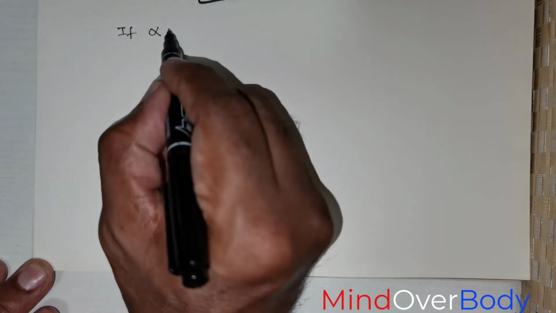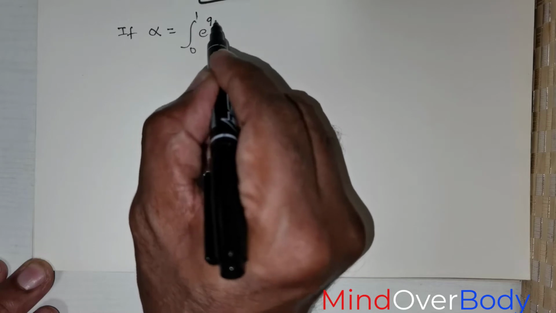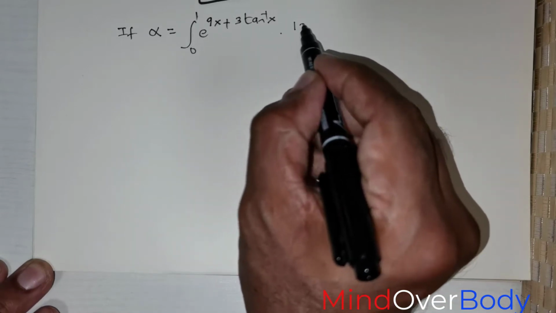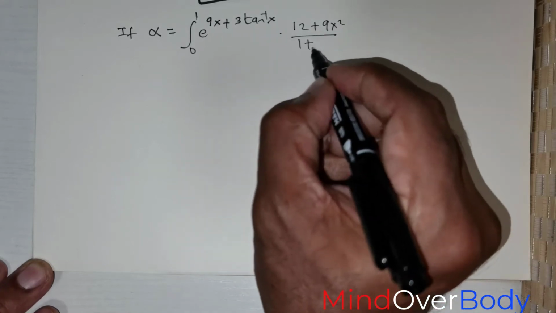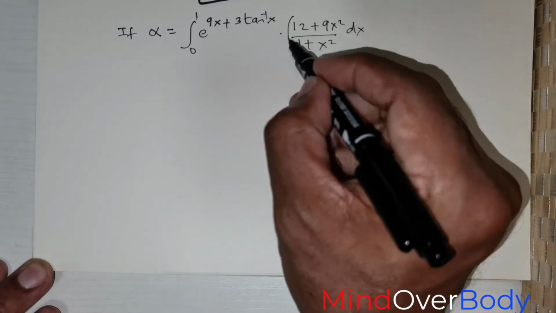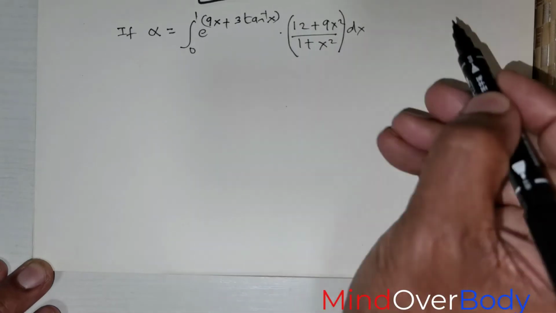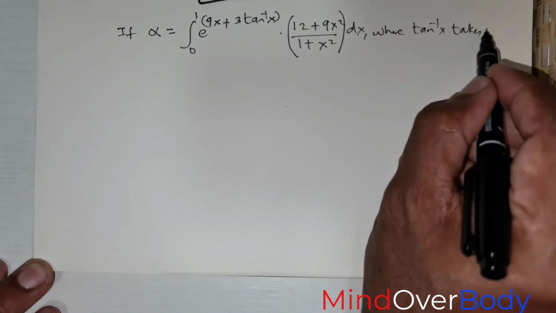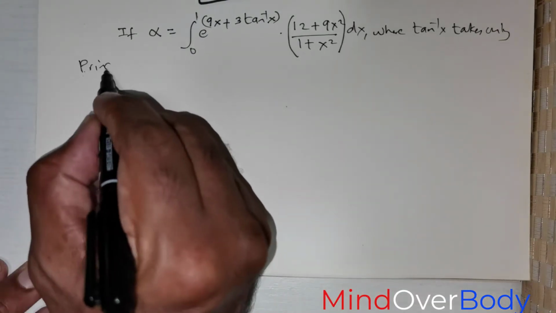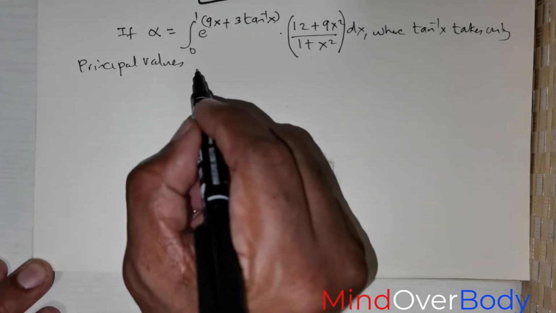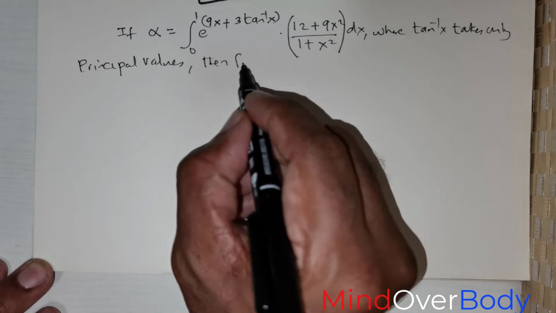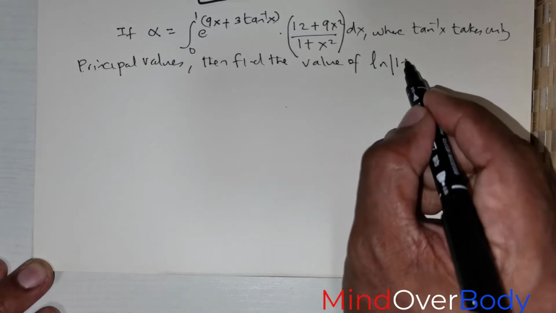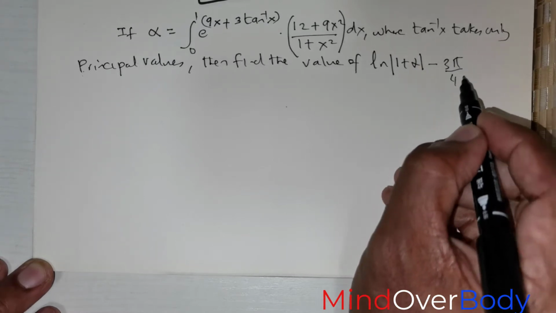If alpha is equal to the integral from 0 to 1 of e raised to the power of (9x + 3 tan inverse of x) times (12 + 9x squared) divided by (1 + x squared) dx, where tan inverse of x takes only principal values, then we are expected to find the value of ln modulus of (1 + alpha - 3 pi over 4).